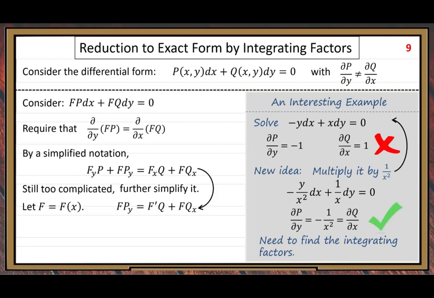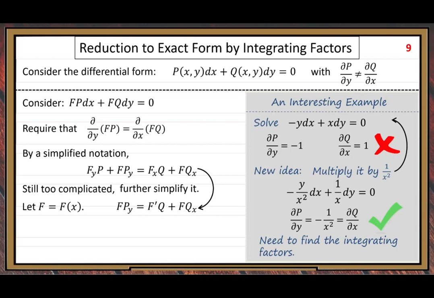Now we simplify it. This time, F prime is with respect to X, so we can write prime. If with respect to Y, we do not use prime, otherwise we get confused. The prime is only with respect to the original variable, because Y corresponds to the function part, not the variable part. Otherwise, we get confused.